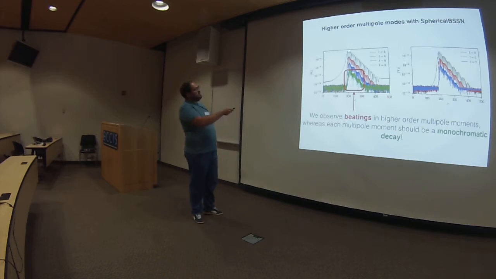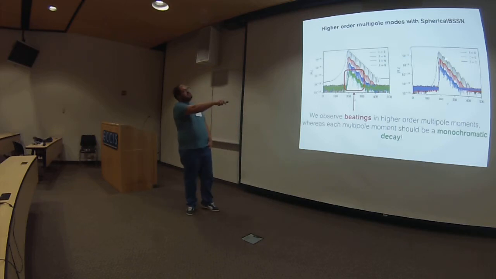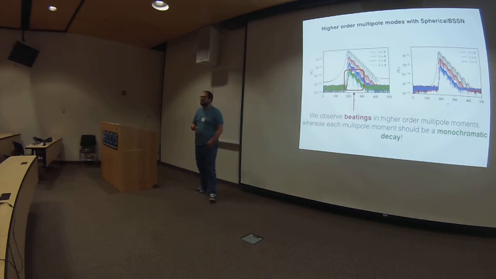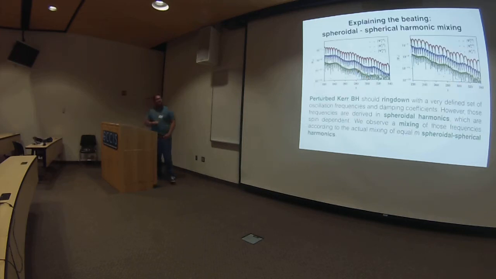So you see you have a peak amplitude here, and then you have a very nice monochromatic exponential decay in the L2 mode. But as you get to higher modes, we started observing those beatings, which we were concerned about because the ringdown of the signal should be monochromatic in all the modes. So we were not quite sure what was going on at first, but the solution to the puzzle, explaining that beating, is that we were seeing spheroidal-spherical harmonic mixing.